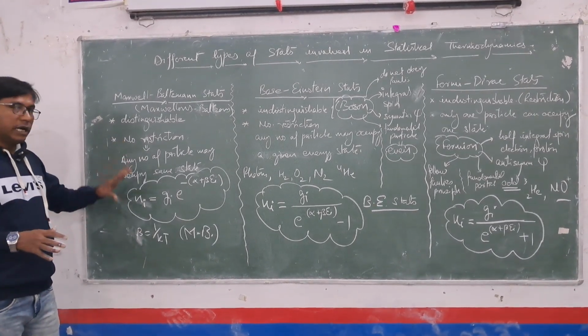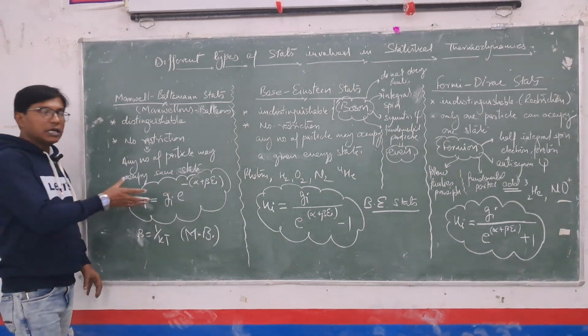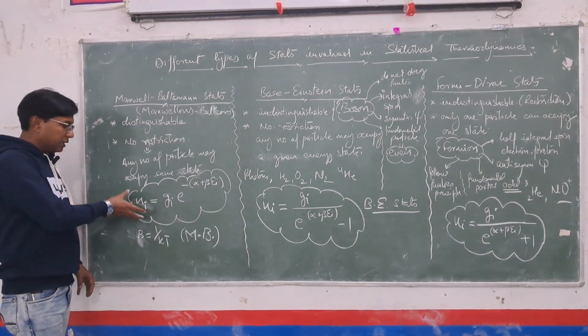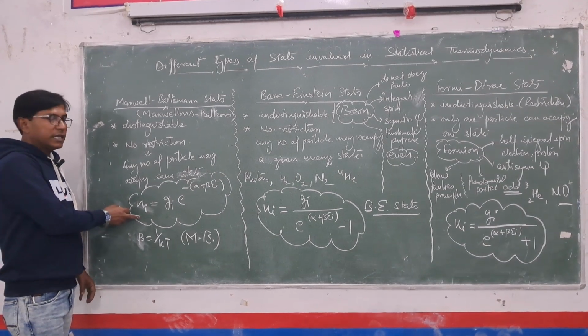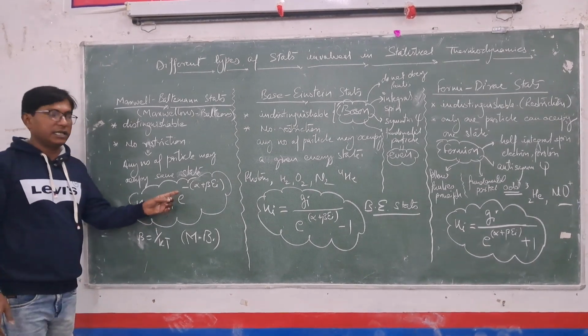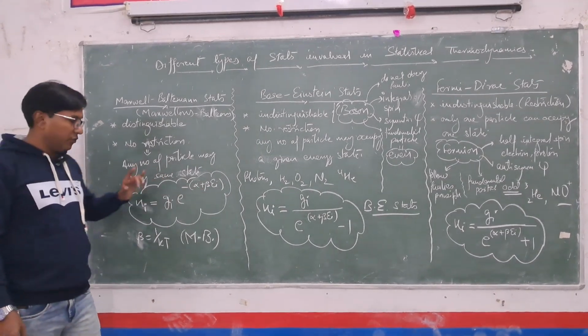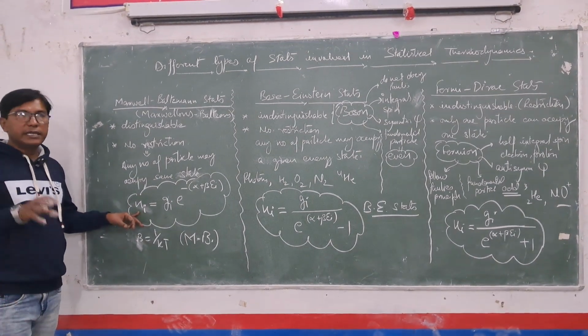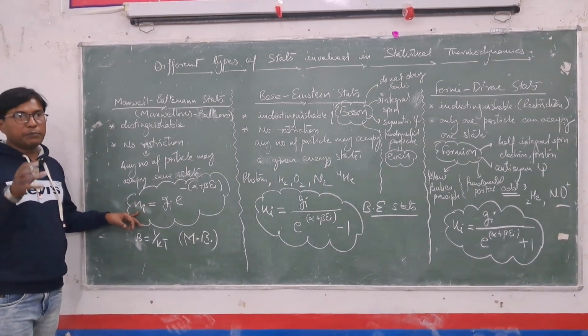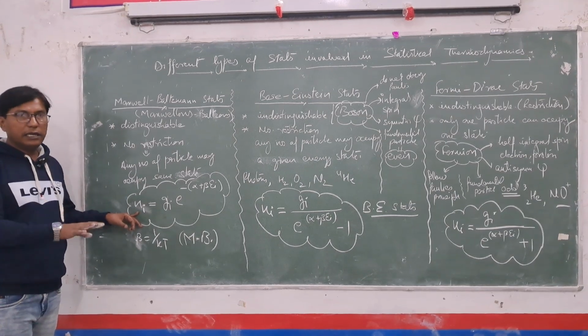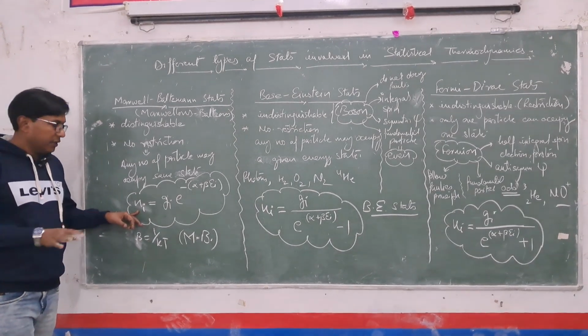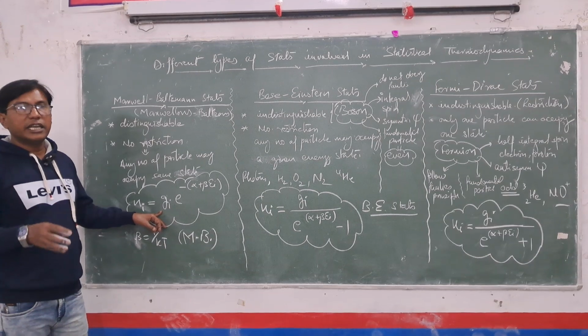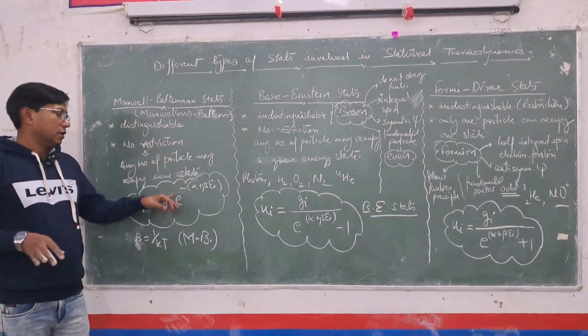The main formula for MB statistics is Ni is equal to Gi e to the power minus alpha plus beta Ei, where Ni indicates the number of particles present in the ith energy level. Then Gi is the degeneracy of the ith energy level.